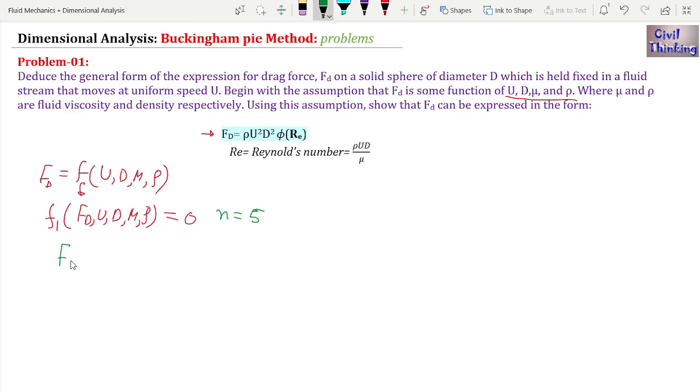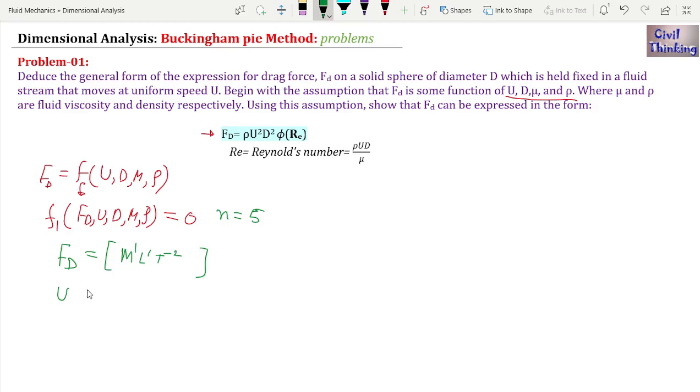You see Fd, it is a drag force. What are the dimensional units of the drag force or the force? It is M1 L1 T minus 2. These are the dimensional units of force. If you don't know about this, please comment and I will explain it more.